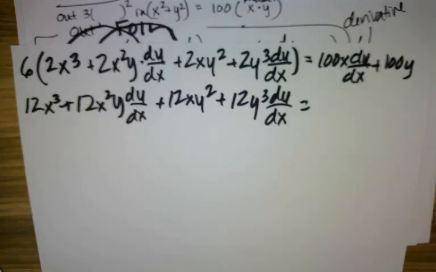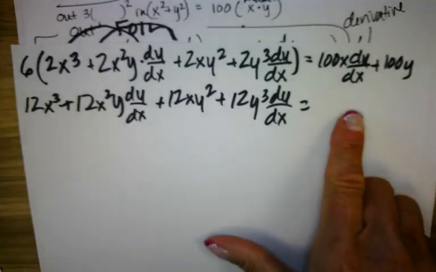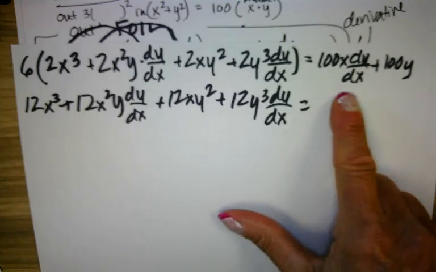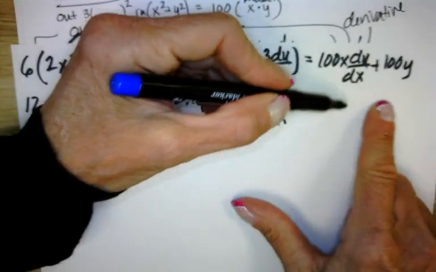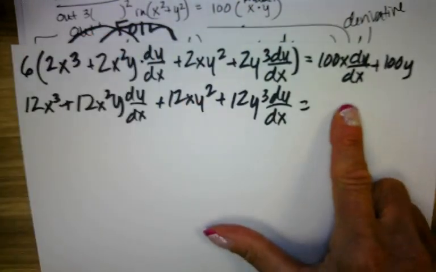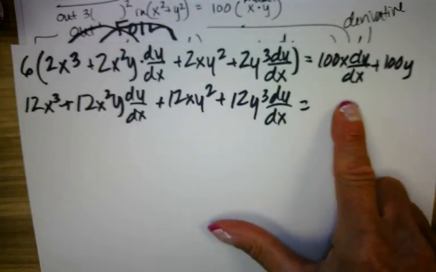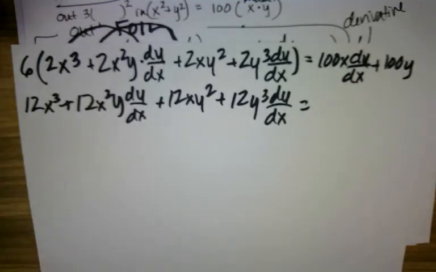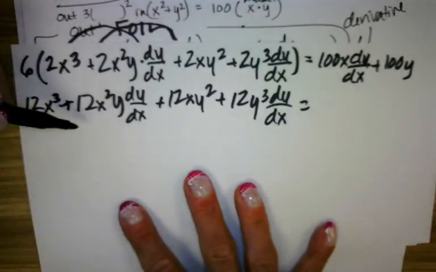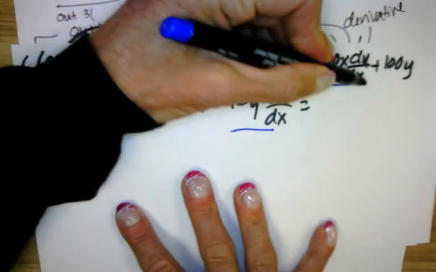It's different algebra, right? Now, do you see how this side has a dy over dx term? It's the first time we've had that. That's just going to move over, and it's positive here, so it becomes negative on the other side. Now, I tend to think these three terms need to be on one side. This one's going to change to negative, and I'm going to have to factor out the dy over dx. It's the same every time.